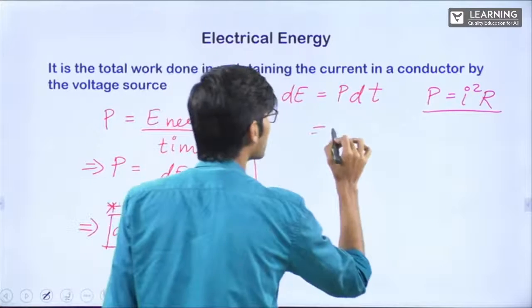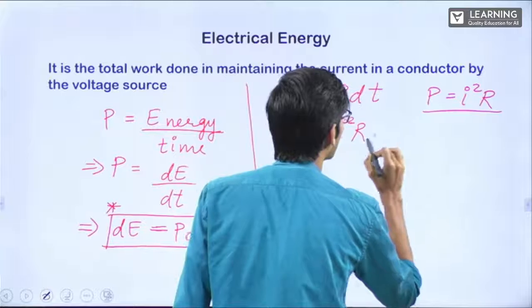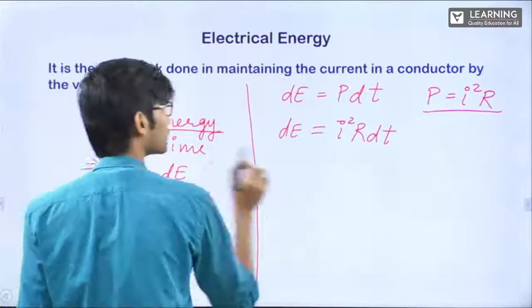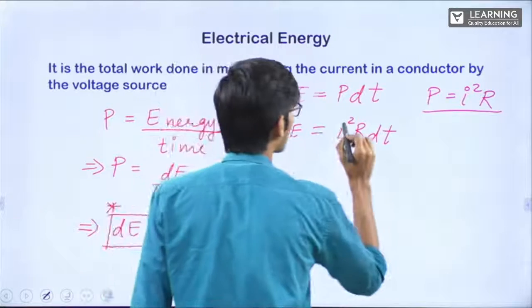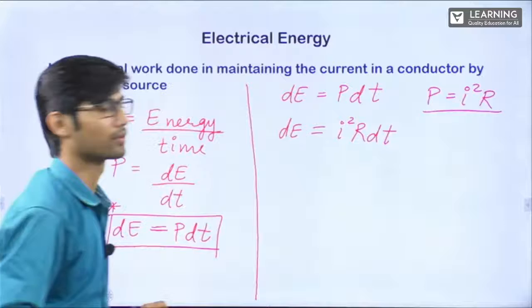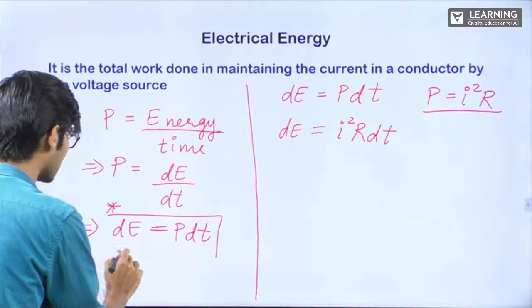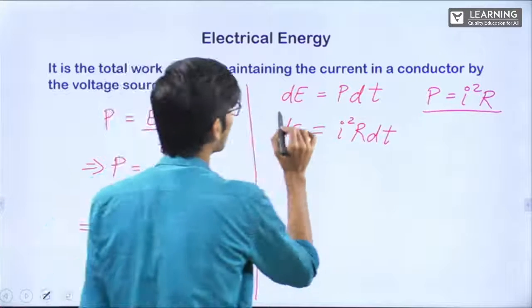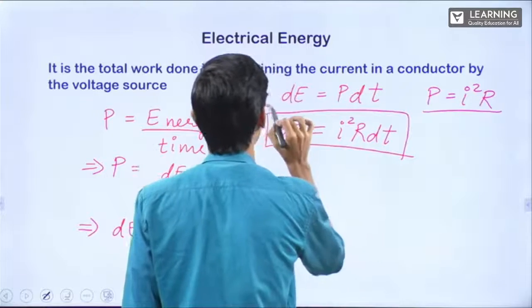Putting this here, this will be dE is equal to I square R dt. Now, instead of this, remember this one, people preparing for their competition.